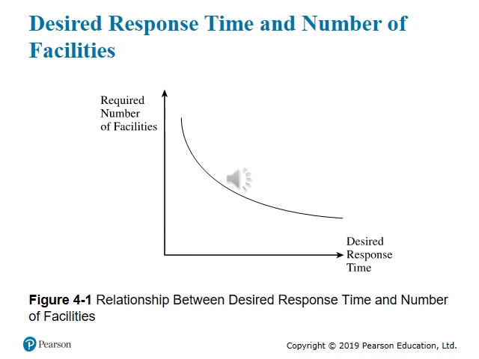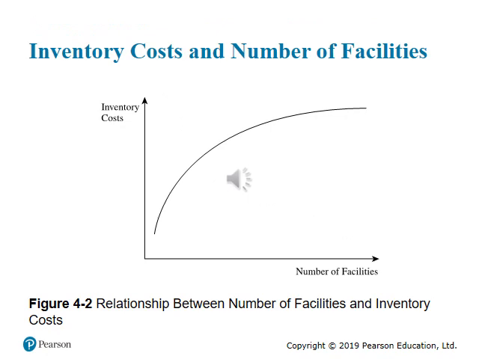Okay, so this slide is about the relationship between inventory cost and number of facilities. So if you want to keep inventory costs at the lowest levels, it means that you also have to have fewer facilities. So the relationship between number of facilities and inventory cost is direct and positive: they influence each other.